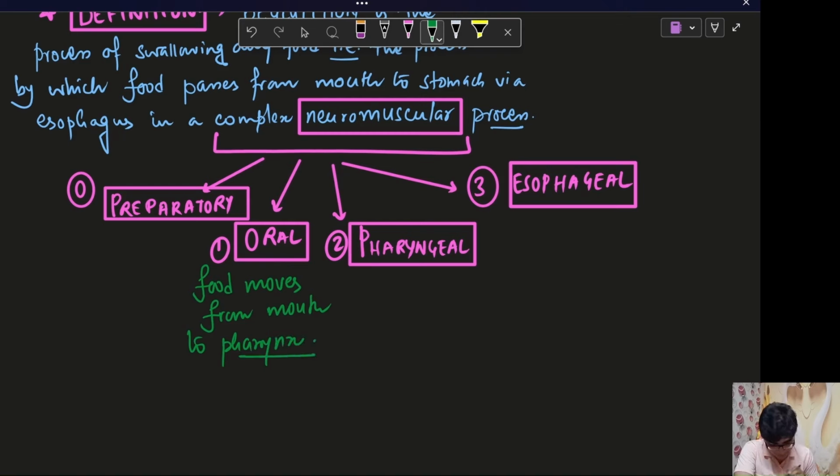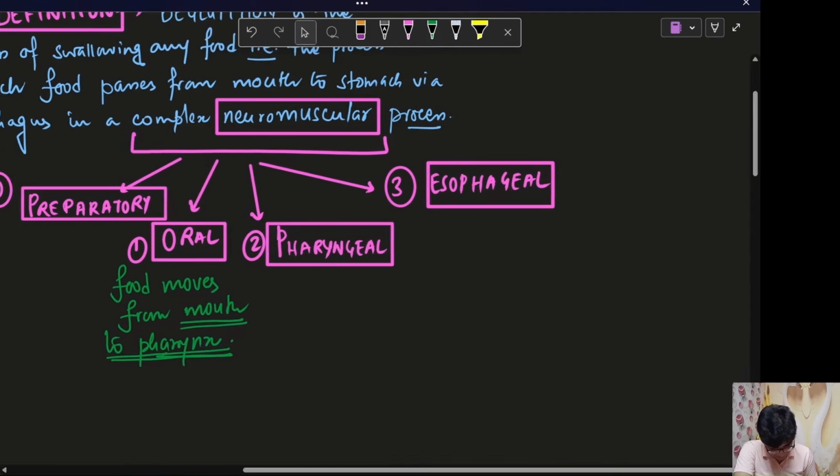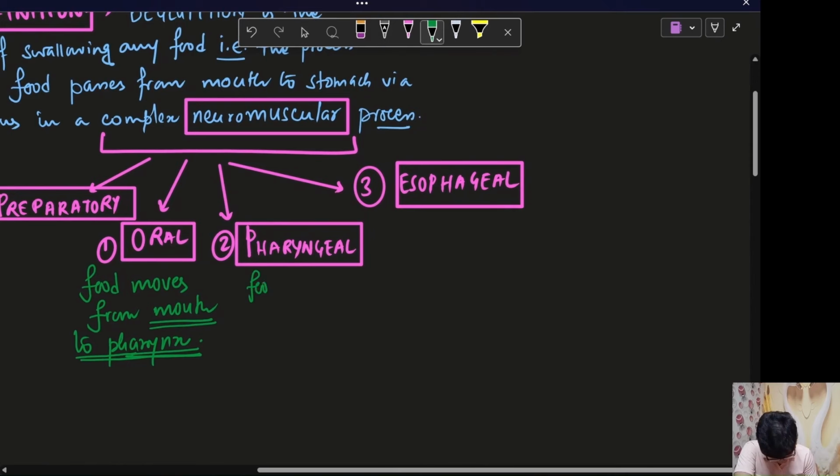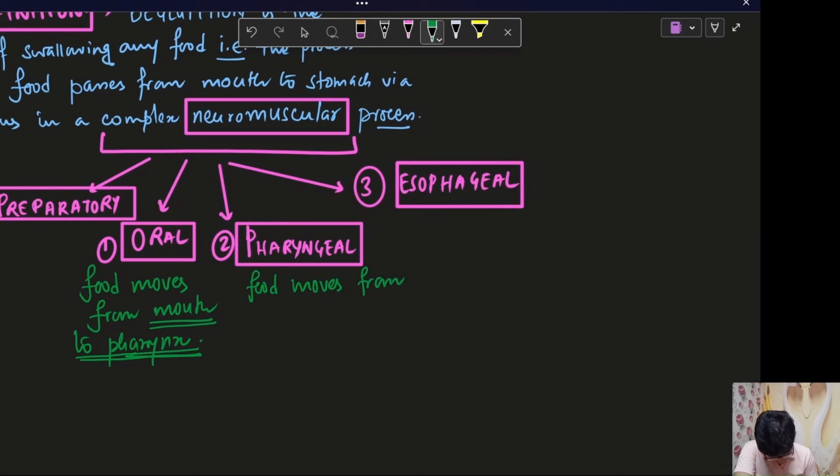This is your oral stage. Secondly, the pharyngeal stage. Here, the food moves from the oropharynx to the esophagus. Correct?